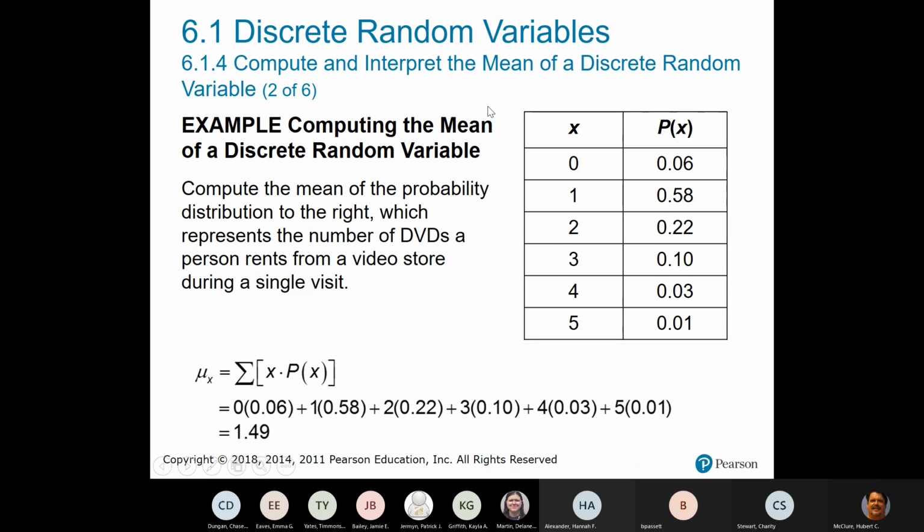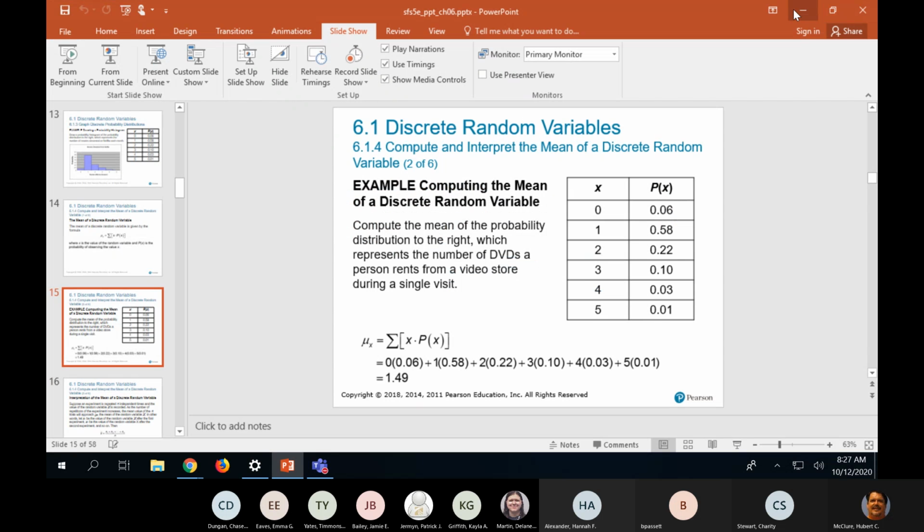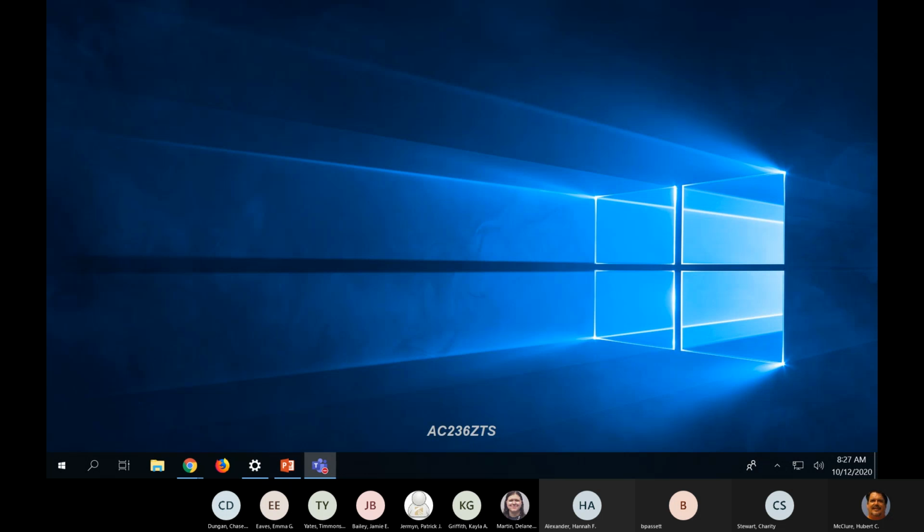Hold on just a second. Pull up my handy dandy Excel spreadsheet. And I'm gonna make the letters a little bit bigger, and everything's gonna be centered.